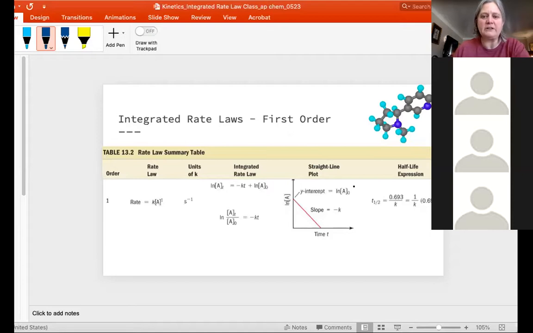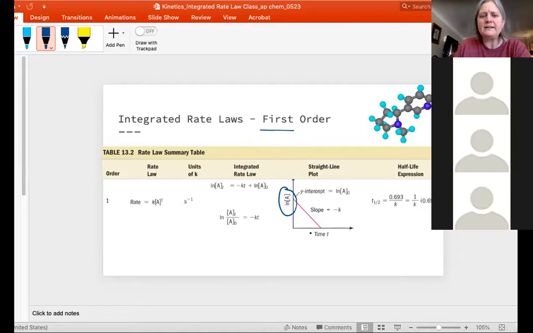It's really just an equation that you could use. We'll talk about that at some point, but let's really just talk about how to figure out if things are 0 order or first order. Really notice how the y-axis is changing each time. Right now, they're plotting the natural log of A. Do you guys know about natural logs?